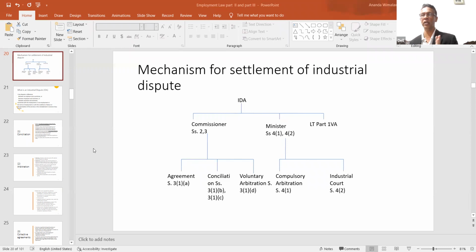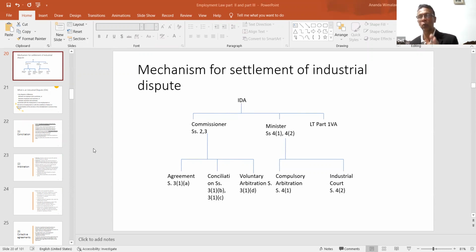So that is the procedure. Then the president appoints them, and selecting 1 or 2 or 3 people from that pool, the matter will be referred to them. That is also known as compulsory arbitration, right?